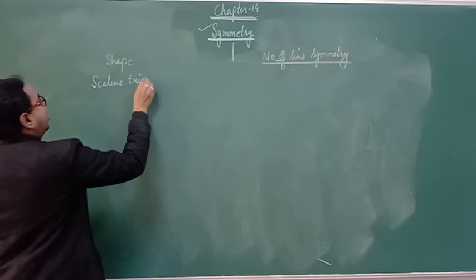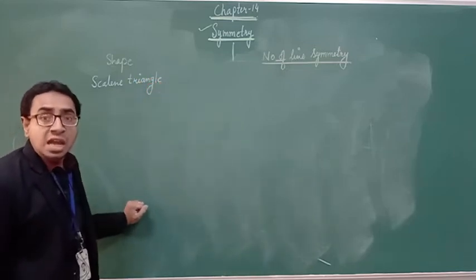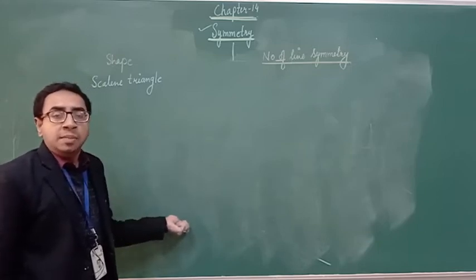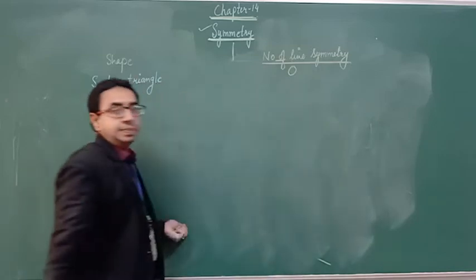What do you mean by scalene triangle? One whose all three sides are different. If all three sides are different, it cannot form any symmetry. Therefore, 0 lines of symmetry.